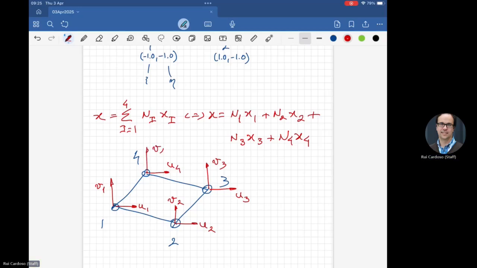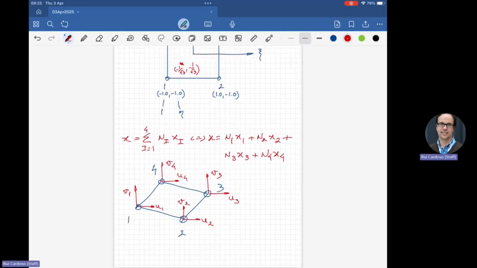Okay. And then, as isoparametric means, if I want to know the displacement, for example, in the u direction, that will be n1 u1 plus n2 u2 plus n3 u3 plus n4 u4.